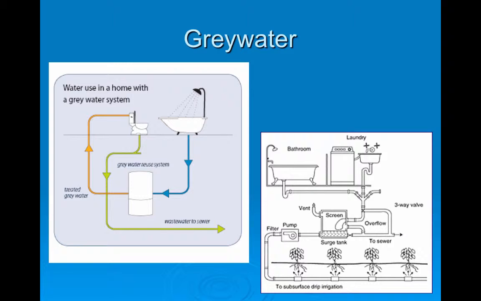Oftentimes the detergents that people use or some of the things inherent in the wastewater have things like nitrates and phosphates in them, so they end up being a really good idea. Plus, it saves money. So this is usually something that happens in an industrial setting, or even individual homeowners can sometimes do this as well. And so not only does it help the environment, it helps your wallet.